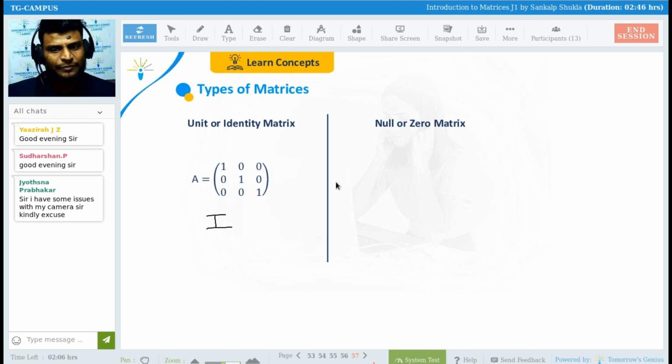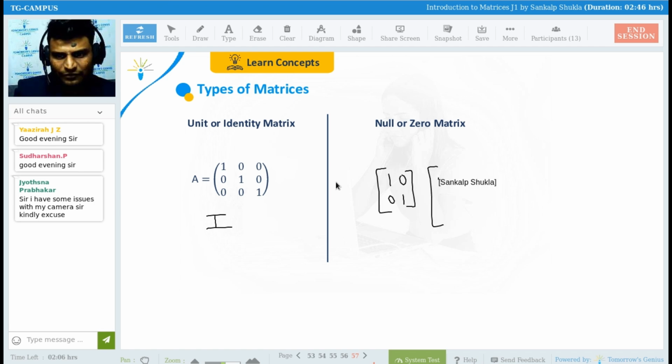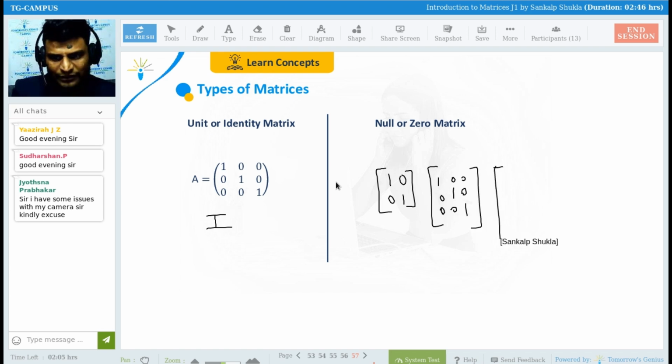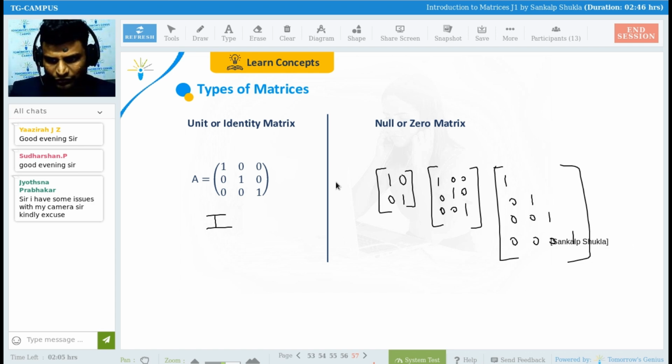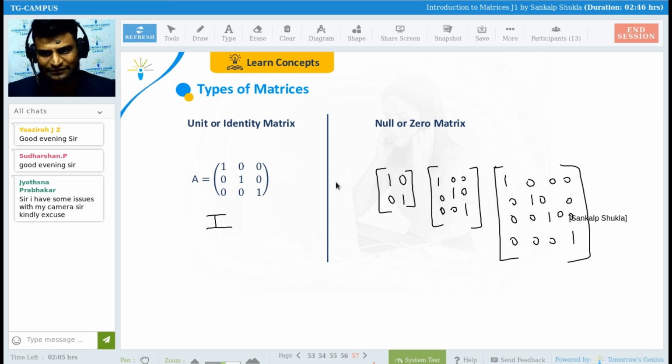Okay, and see, it could be written as 1 0 0 1. It can be written as 1 1 1 with all other elements 0. It can also be written like this, 1 1 1 1, now with 0s everywhere else, like this.